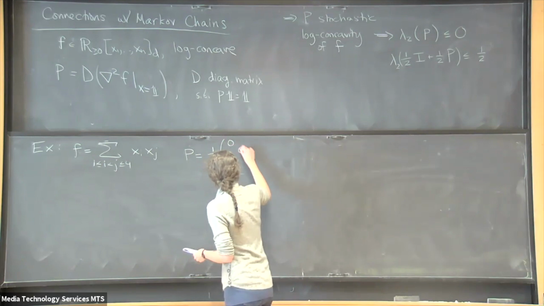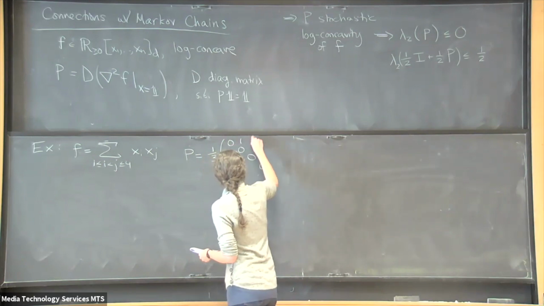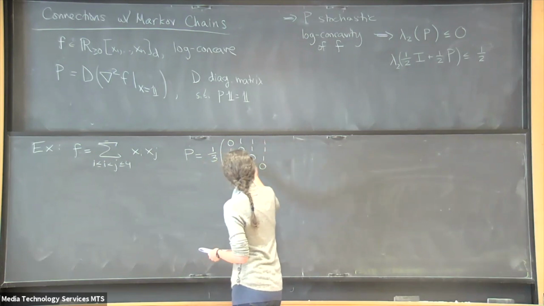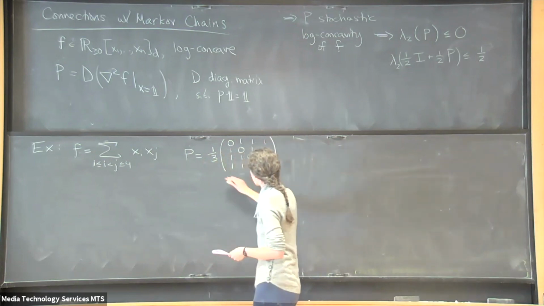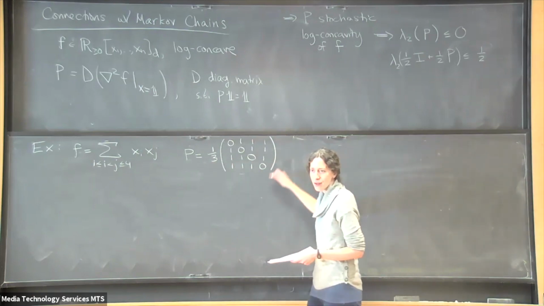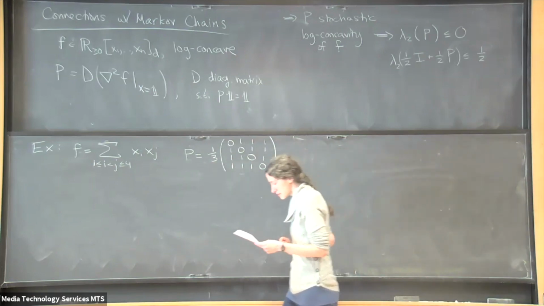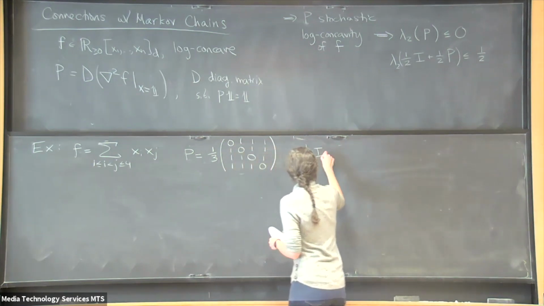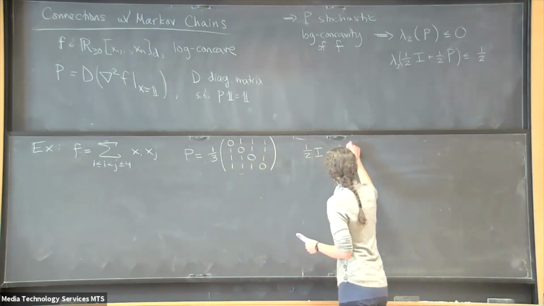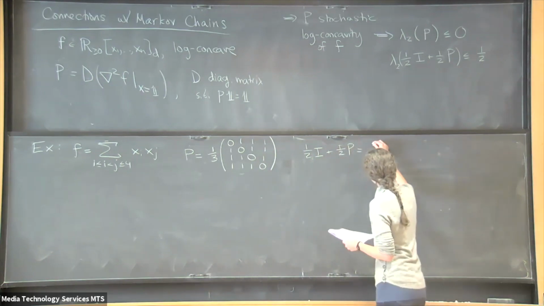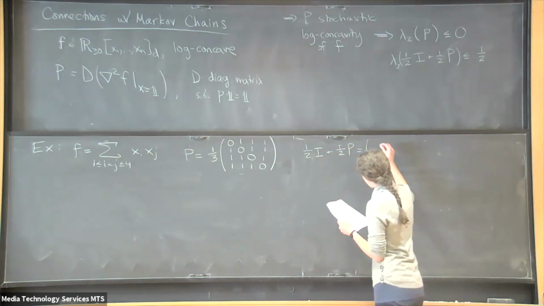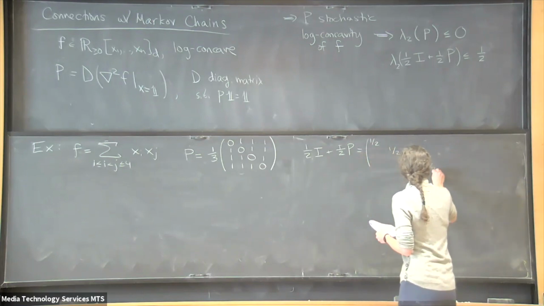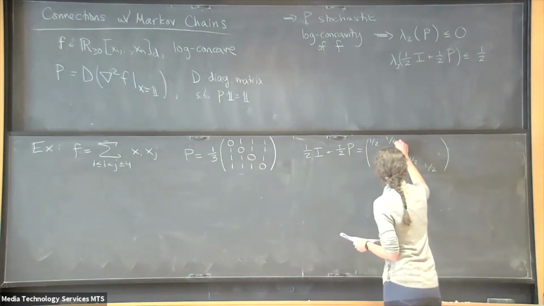So the Hessian of this is just all 1 on the off-diagonal entries, and then if we scale by 1/3, all of the row sums will be 1. And if I average this with the identity matrix, as I declared I wanted to do, then I get 1/2 along the diagonal and 1/6 everywhere else.